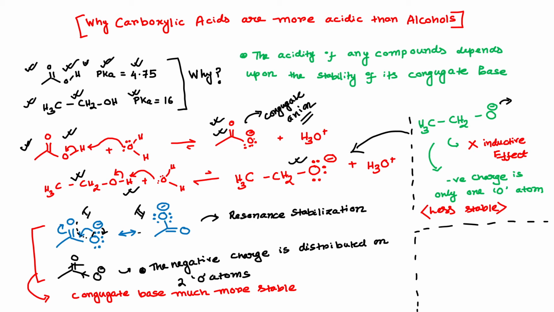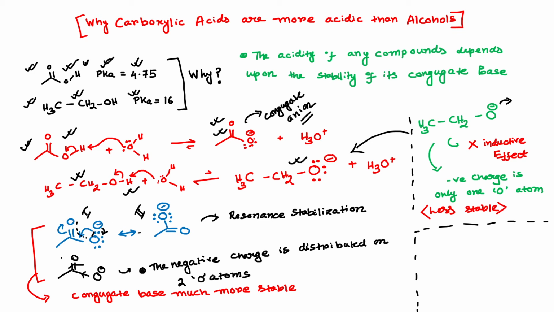On the other hand, there is another carbon oxygen, or carbonyl, bond attached to this oxygen atom. So this electron cloud can be distributed through the inductive effect. This negative charge is shared by inductive effect as well as resonance stabilization.